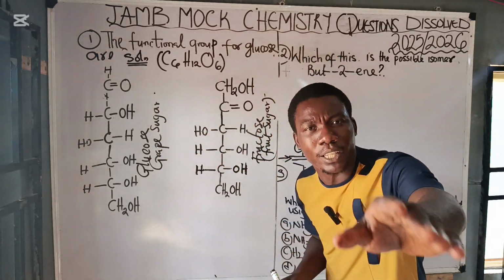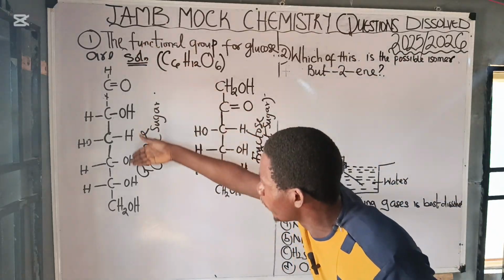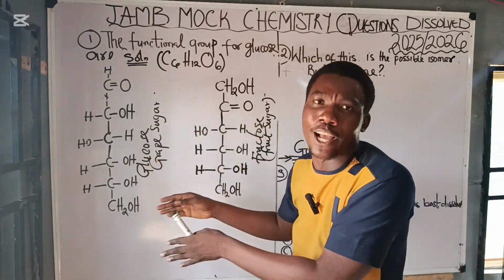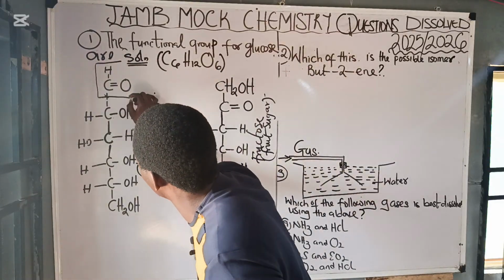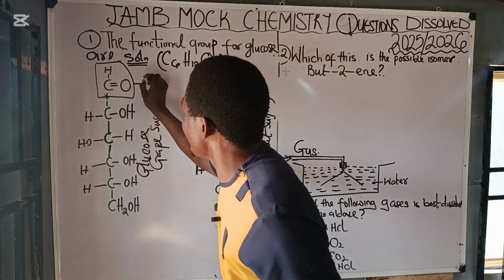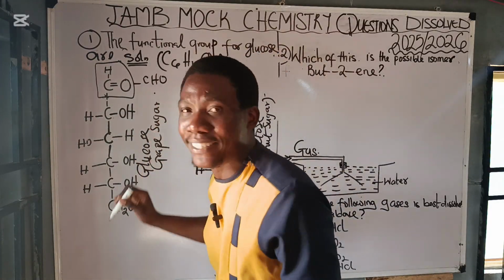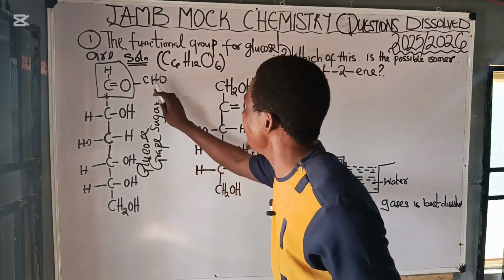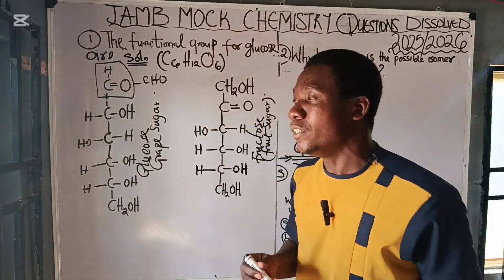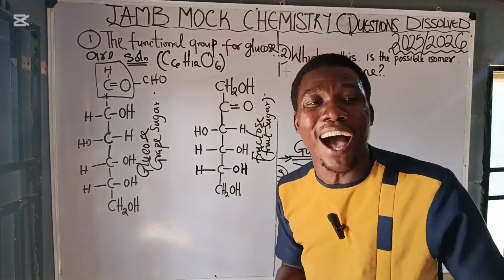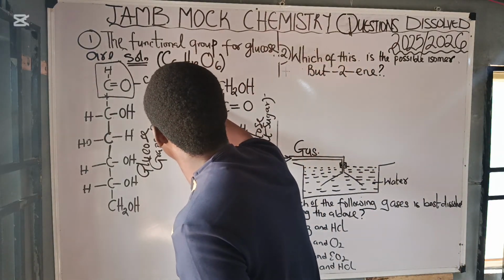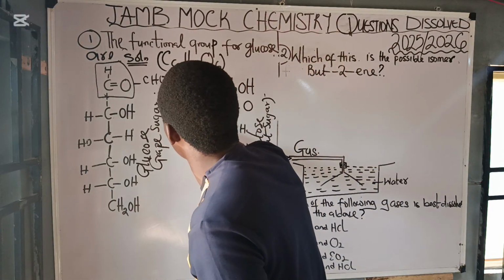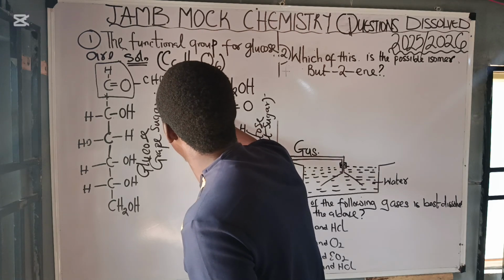Now listen to me, class. If you look at the structure of this glucose, you will discover the functional group for glucose. First of all, you see that there's a functional group here, which is CHO in its condensed form. Yes, this CHO is the functional group for alkanal, also referred to as aldehyde.